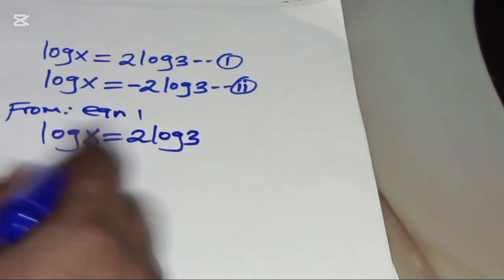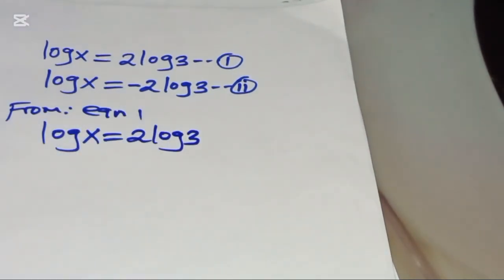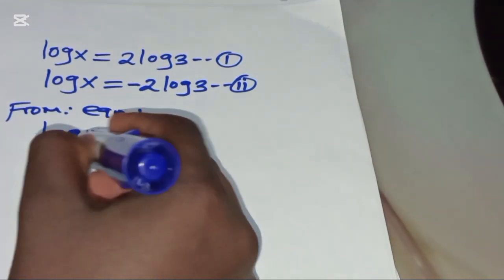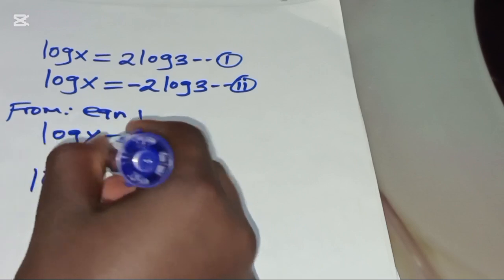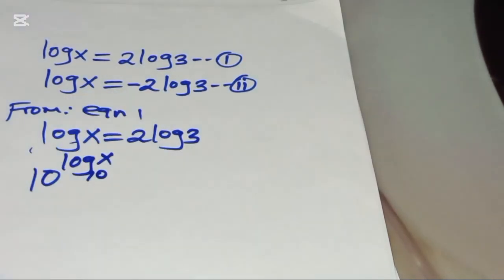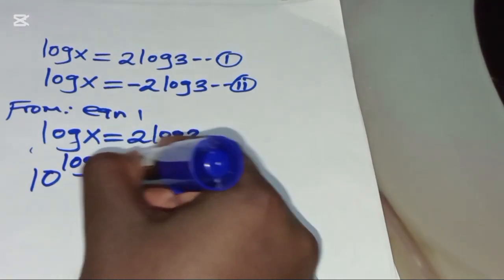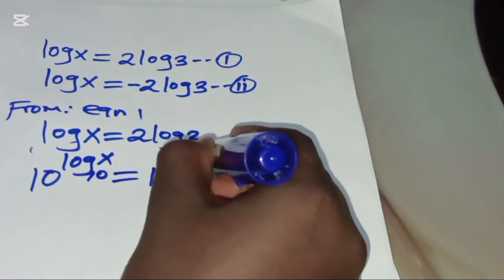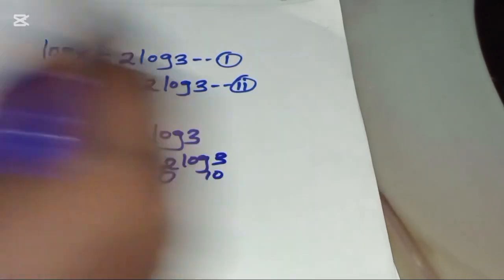Now we can write this in terms of logarithm notation, which we can express as 10 to power log x to base 10. This logarithm is under base 10. So this is equal to 10 to power 2 log 3 to base 10.